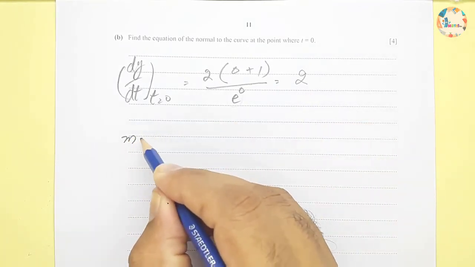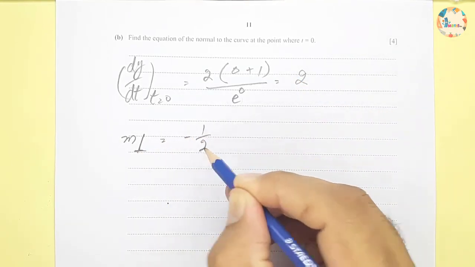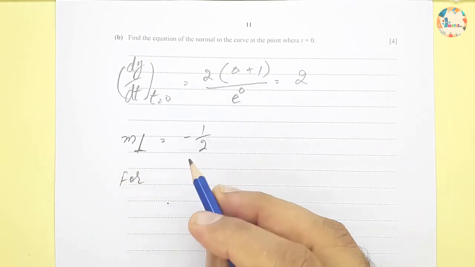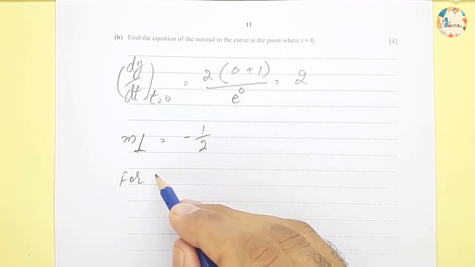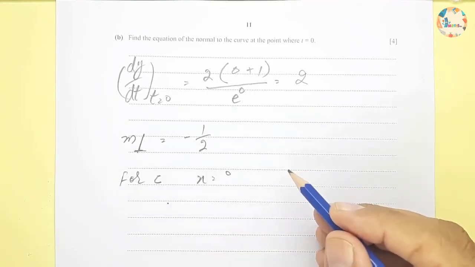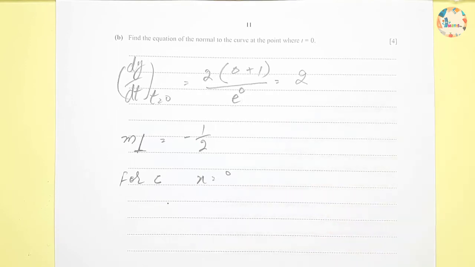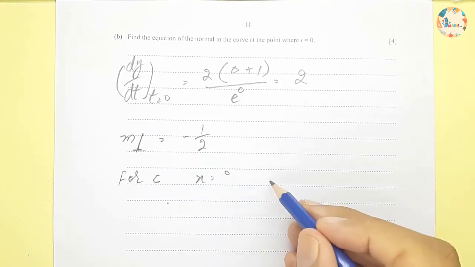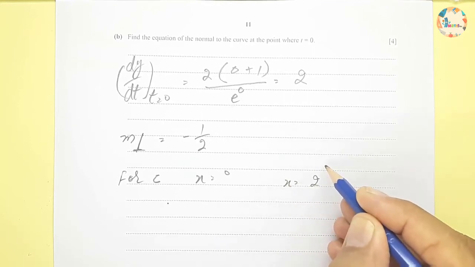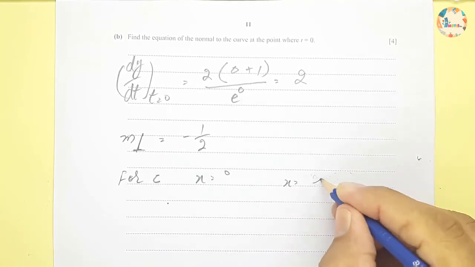Now the gradient of the normal, the slope of the normal, will be the negative reciprocal, so minus 1 by 2. And for point C, x will be 0, and we can replace x with 0 in the given equation, which is x is equal to 2 raised to the power e raised to the power 2t.